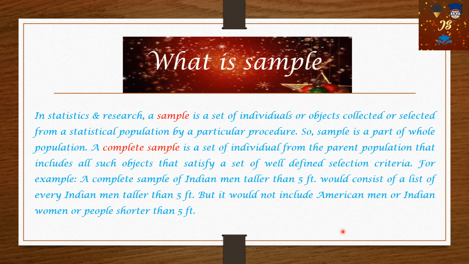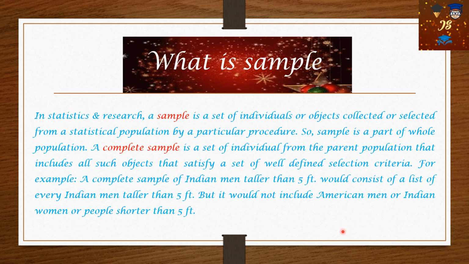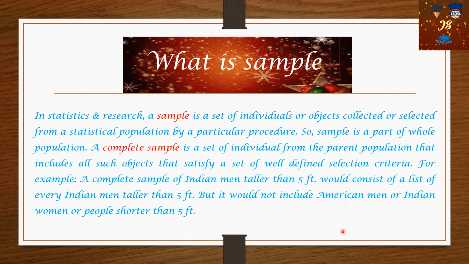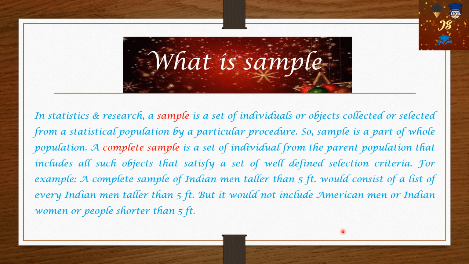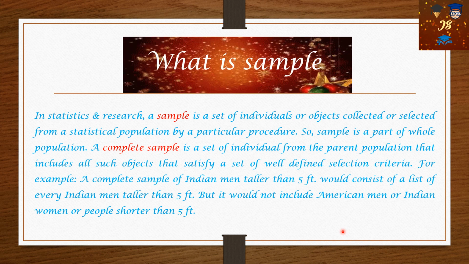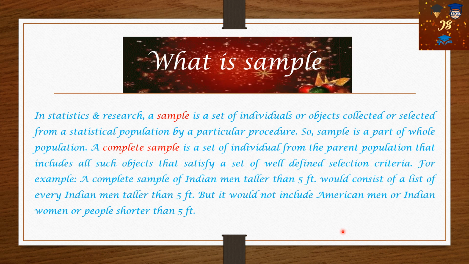We have not included some other country or the Indian women or the people who are less than 5 feet. So, whatever research we have done and whatever result came out, that is only for those Indian men who are taller than 5 feet. So, this is the example of the complete sample.